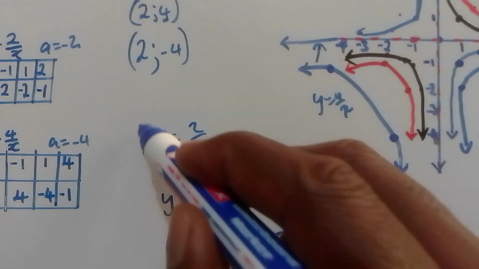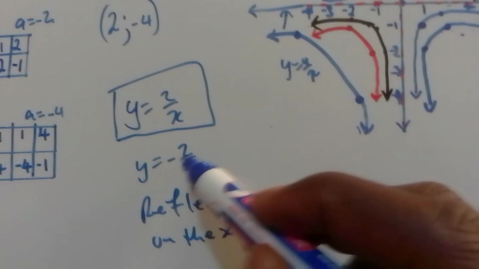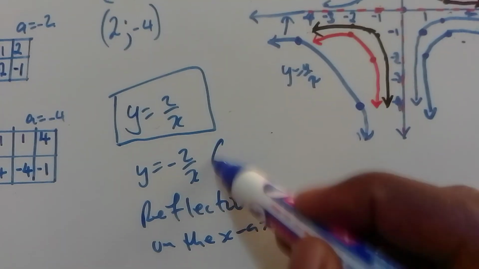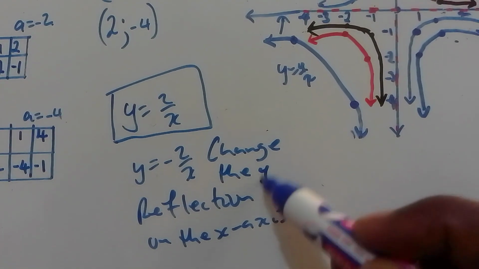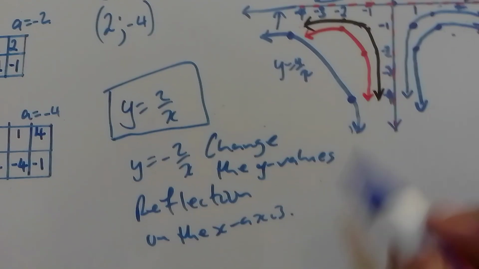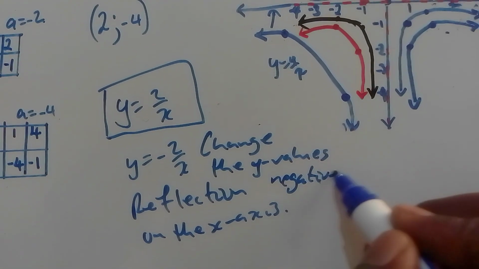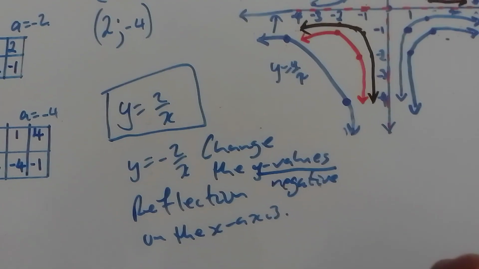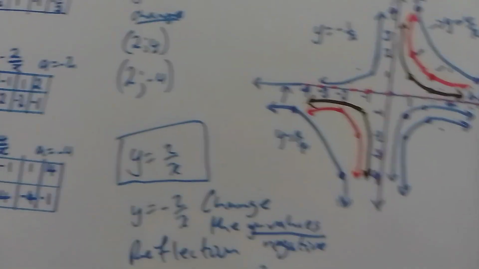So whatever values you're having here on this table, you just go and change the y values, and all of them become negative y values, right? So those are the effects which happen when you change your a, when your a is less than 0.